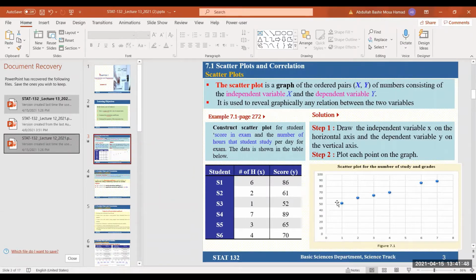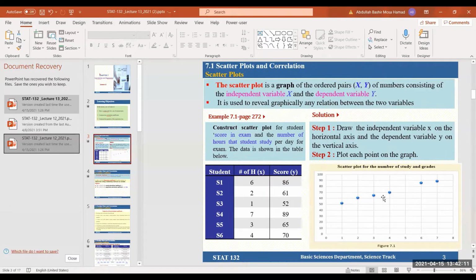Okay, so the scatter plot is the first step when a researcher suspects the existence of a relation between two variables. Actually, it will not be like 6 students, but a lot. If we have 100 students, the scatter will be clearer than this.